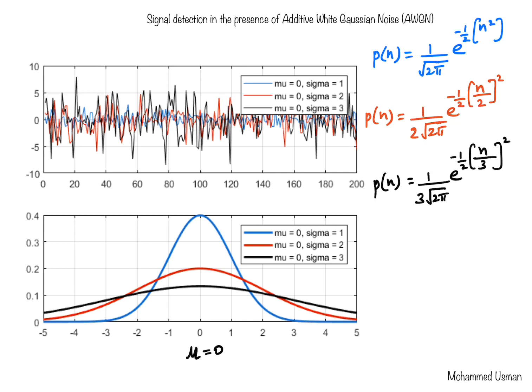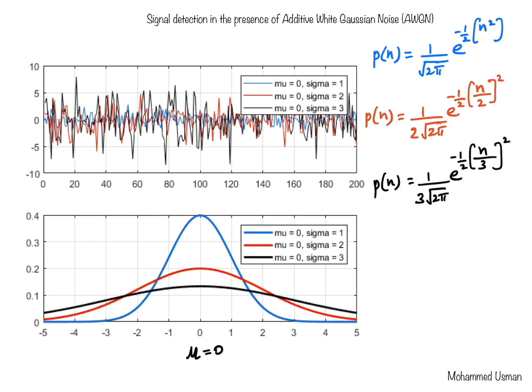And when the standard deviation is changed, the width of the distribution gets changed. So if the standard deviation is small, the width of the distribution is much narrower, and if the standard deviation is larger, the distribution gets spread out even further. And the implication is that higher values of noise have a higher probability of occurrence.